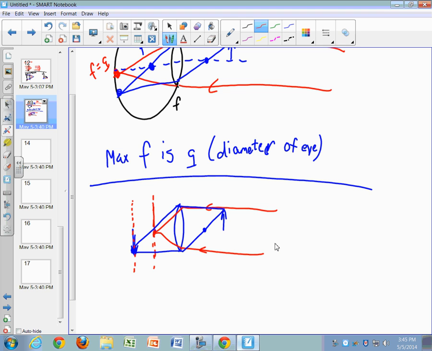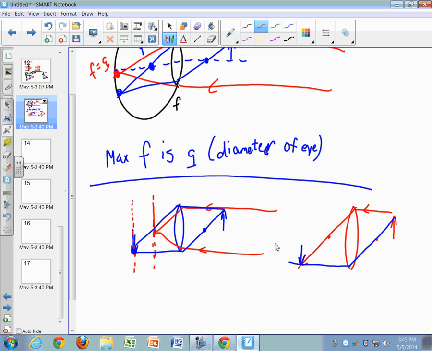Yeah, your ray diagrams will show you that. Let me redraw it over here where it's new. If I have an object that's close, the light rays aren't parallel. So I have a light ray that comes in here and goes through the focal point, and then a light ray that goes through the focal point and parallel to the axis.